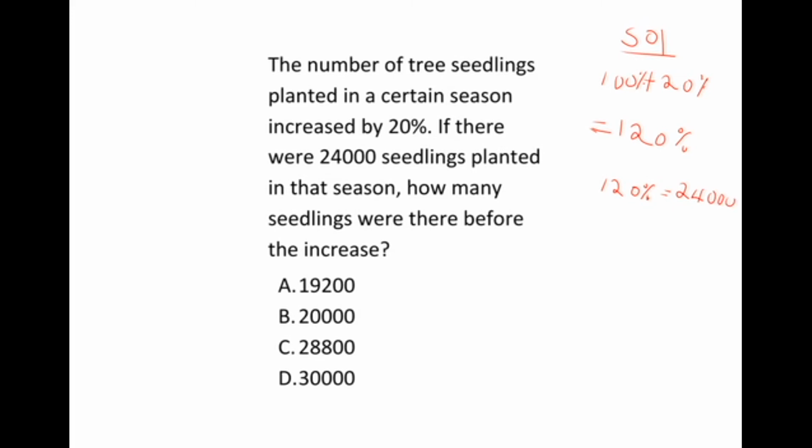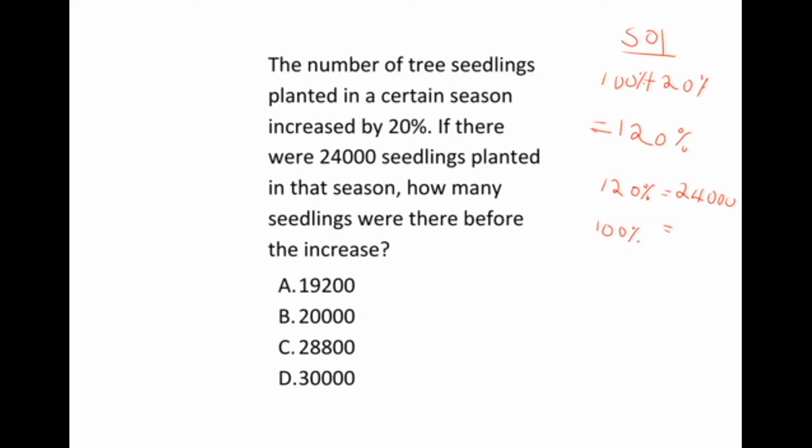Then, what about 100%? If now 120 is equivalent to 24,000 seedlings, what about now 100%?